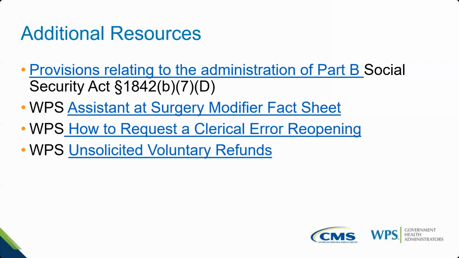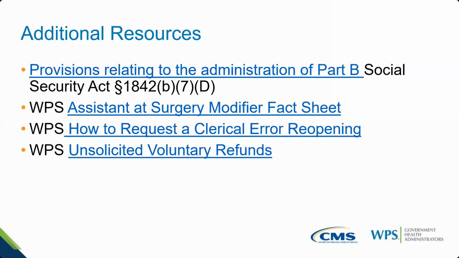And then the next thing that we have are the assistant at surgery modifier fact sheets. And this is available on our website. So you can go in, you can see the information on the AS modifier, on the 80, 81, and 82. We've also provided information there on how to request a clerical error reopening for those situations where you find that you've used the incorrect modifier.